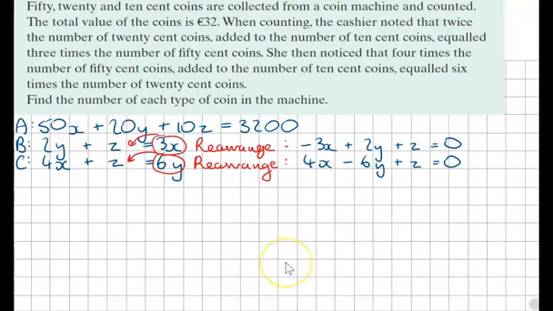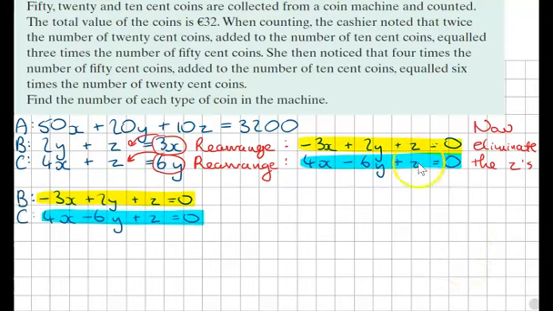So I'm going to take my 3 equations now and try to solve for x, y, and z. What I'm going to do is eliminate the z's, because that's the easiest thing to do. If I take equation B highlighted in yellow and equation C highlighted in blue, I can see that the z's can easily be eliminated. All I have to do is multiply the blue line by minus 1.